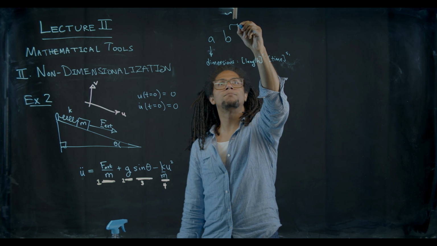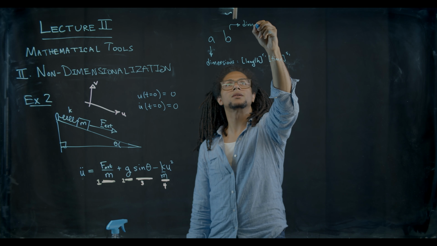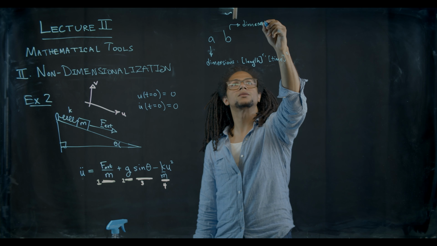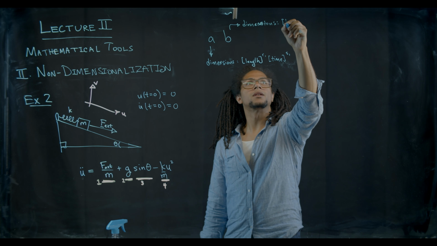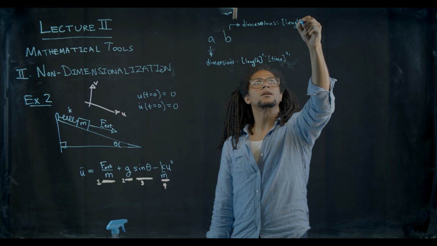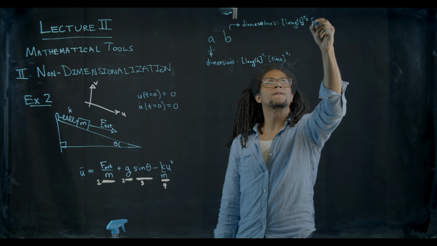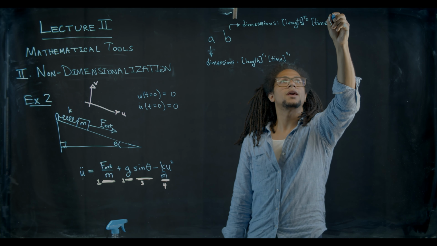And let's suppose that b has dimensions of length to the r2 times time to the s2.